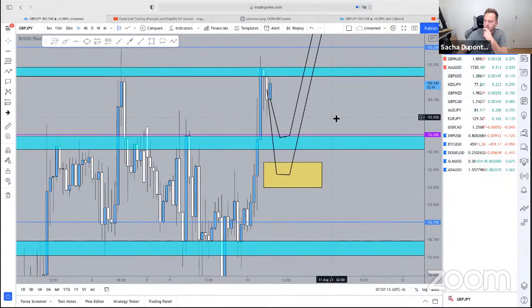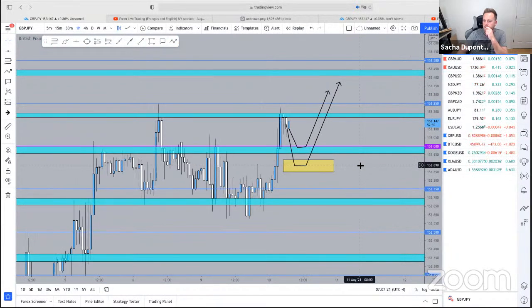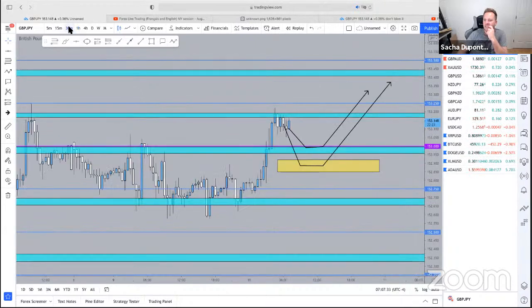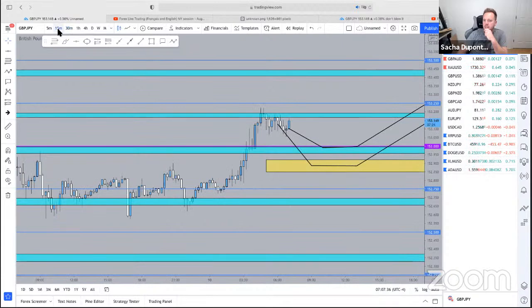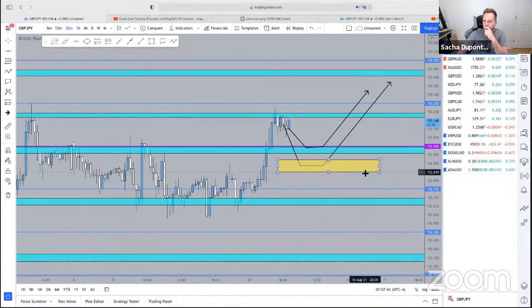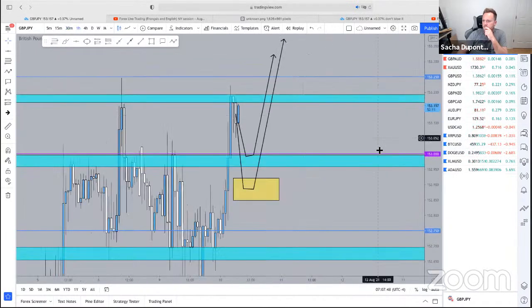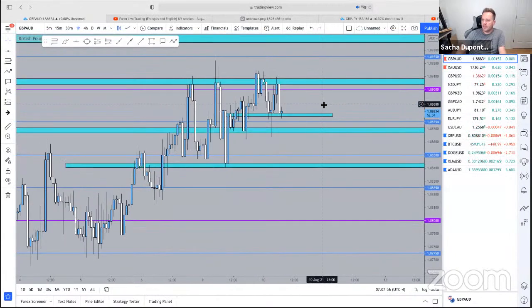No bottom wick so far. Yeah, G is so ugly.